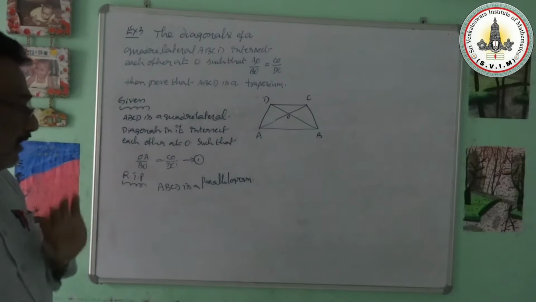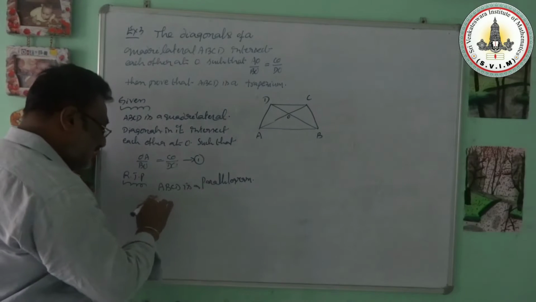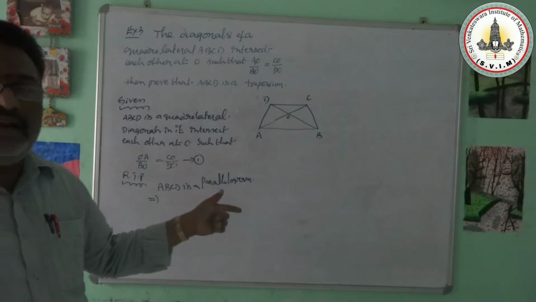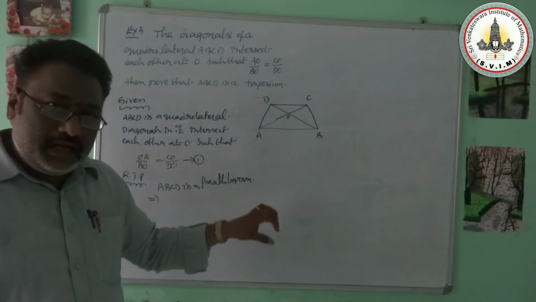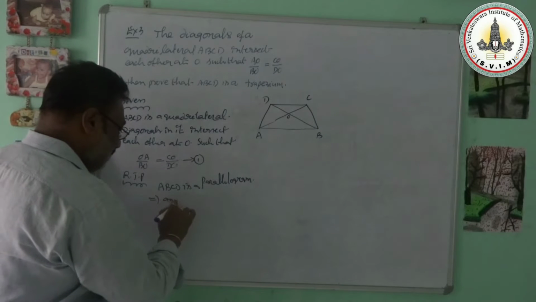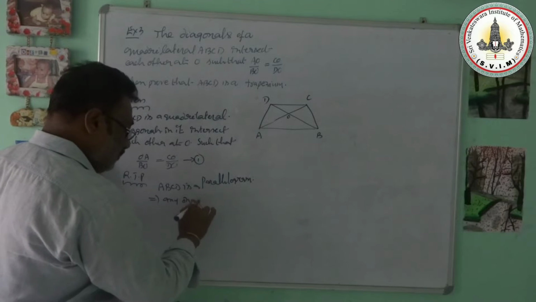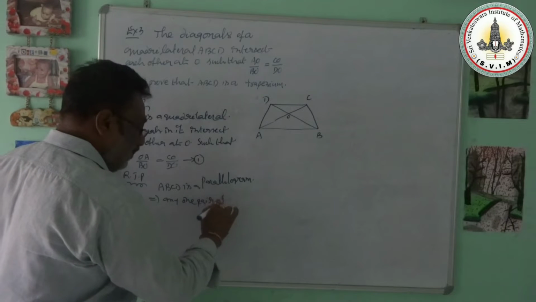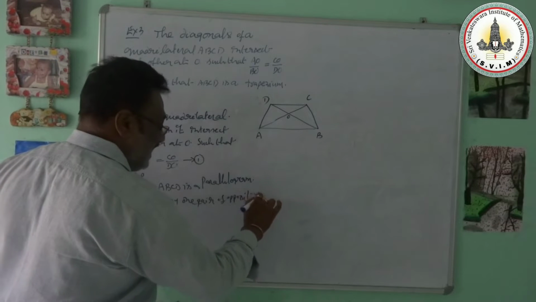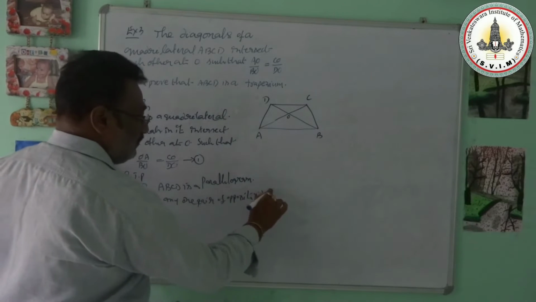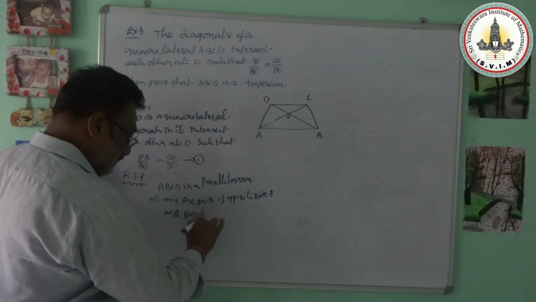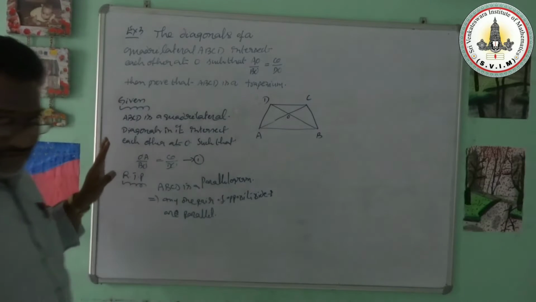To prove that ABCD is a parallelogram, if you prove any one pair of opposite sides in this quadrilateral as parallel, it is enough for us.